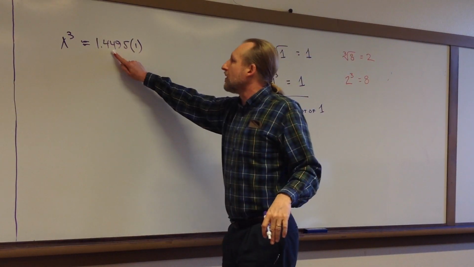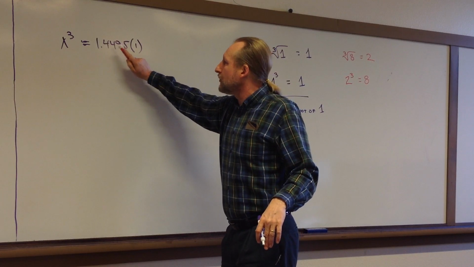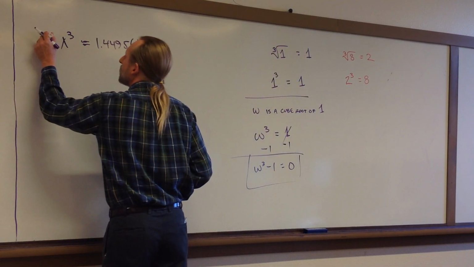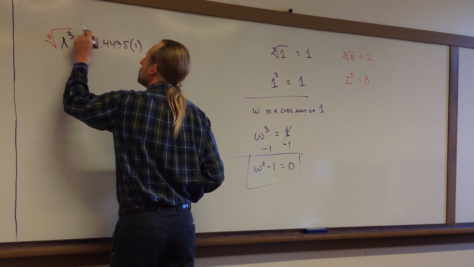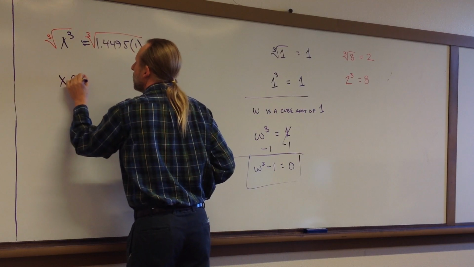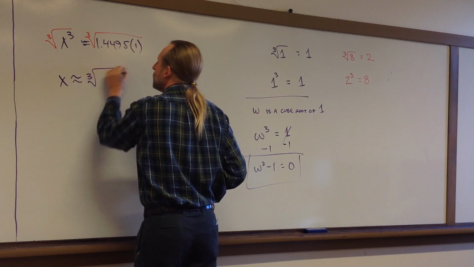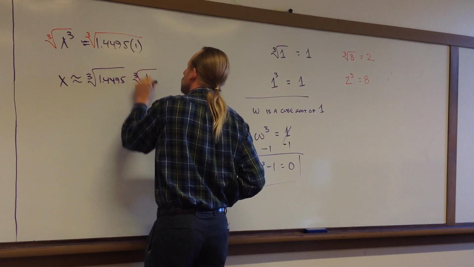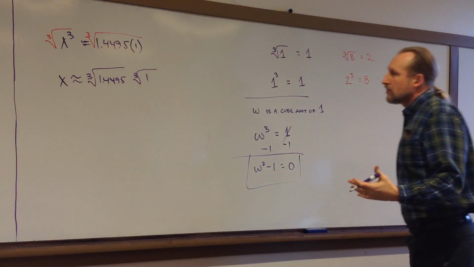Because any number is also equal to that number times 1. All right. So now we're going to cube root both sides. And this will give us x over here. Here we'll have the cube root of 1.4495, but we're also going to have a cube root of 1.